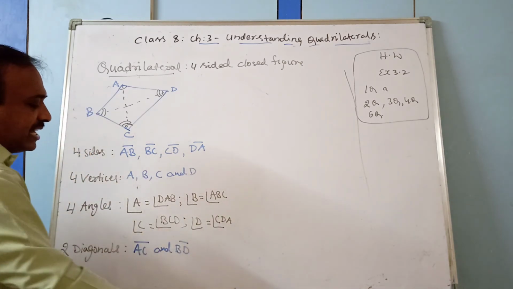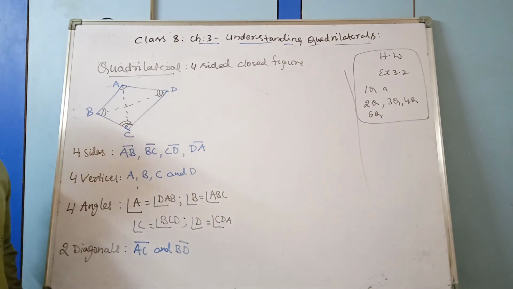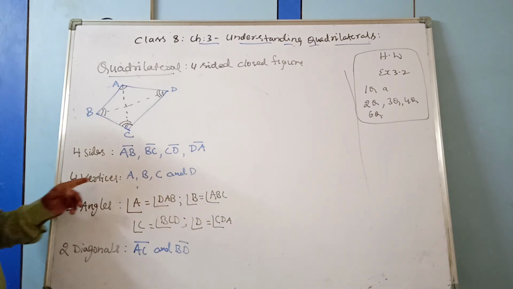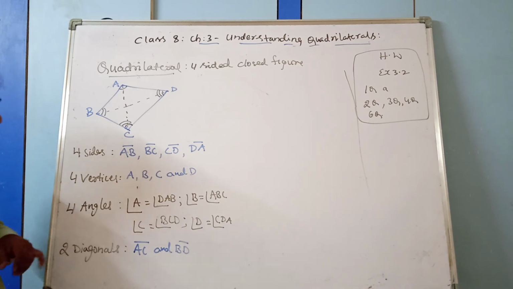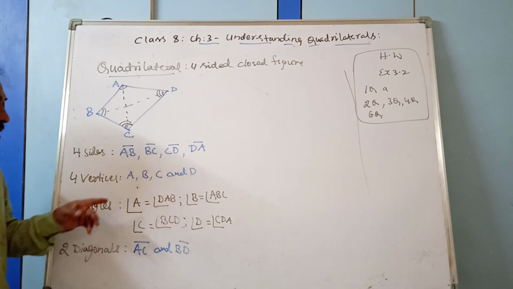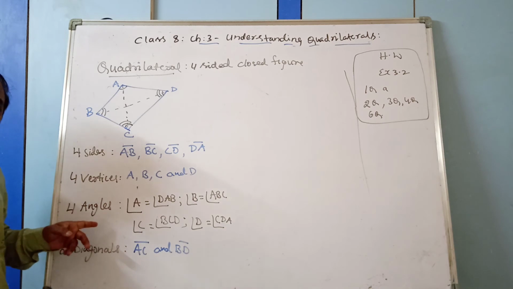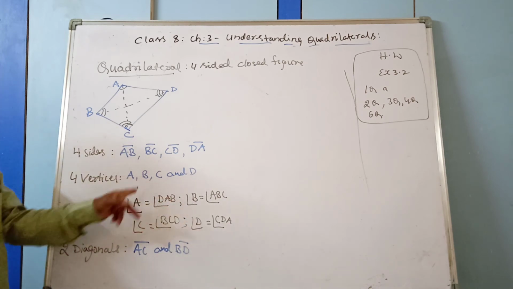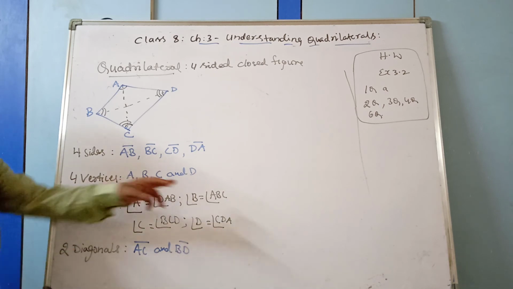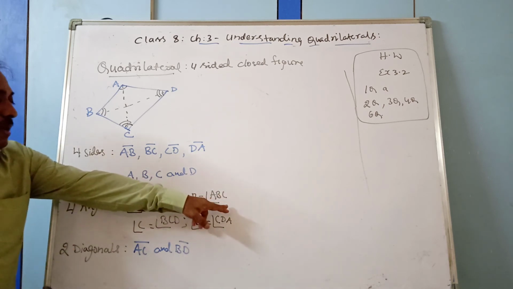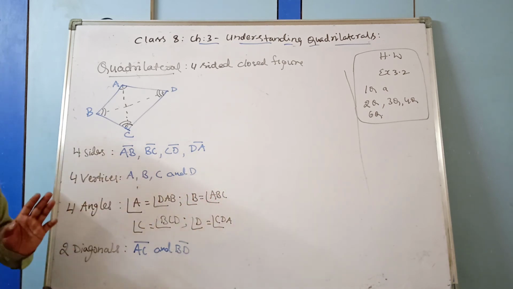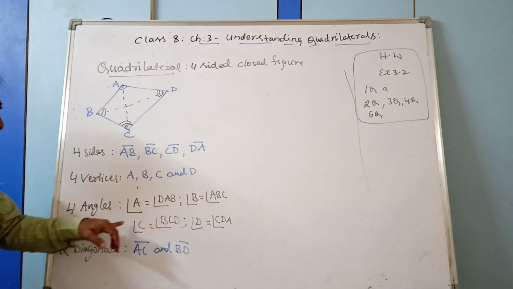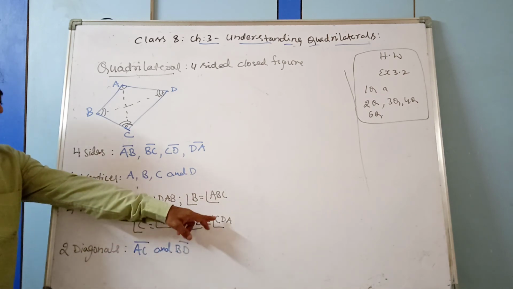So any quadrilateral, whatever it is, will have these similarities. Four sides, four vertices, which are nothing but corners, and four angles. We can represent an angle with a single letter or three letters: angle A, or angle DAB, or angle BAD, anything is the same. Angle B is either angle ABC or angle CBA. Next, angle BCD and angle CDA.